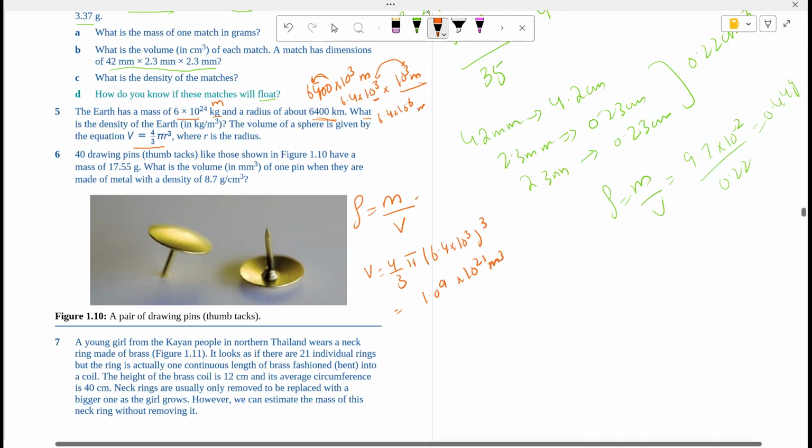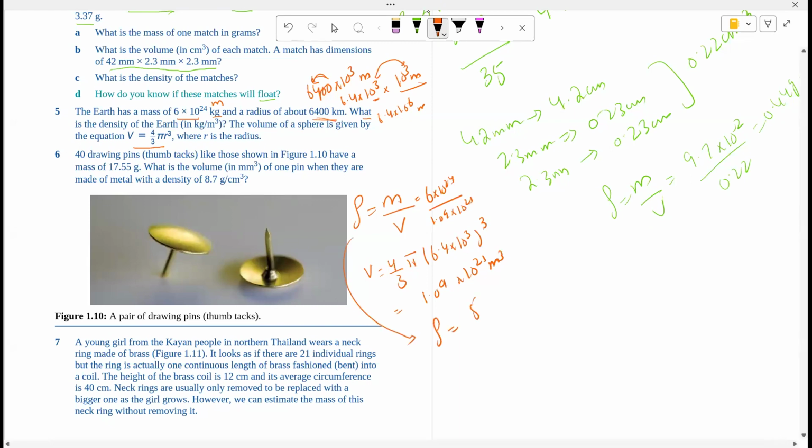We'll put this here. Mass is already in its base unit, 6 into 10 raised to power 24 divided by 1.09 into 10 raised to power 21. This would give us the answer of 5.5 into 10 raised to power 3 kilograms per meter cube.